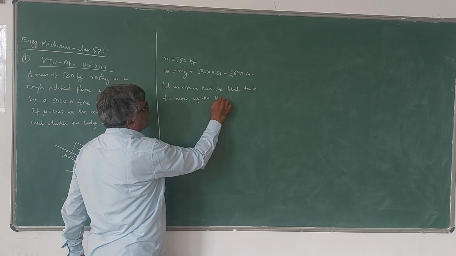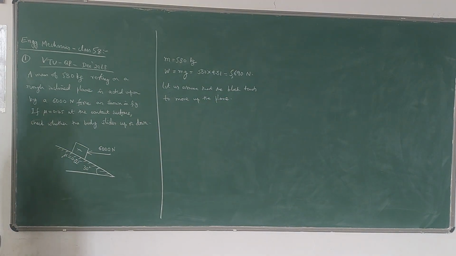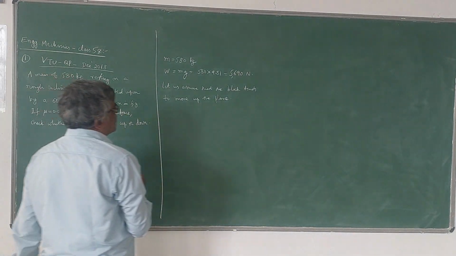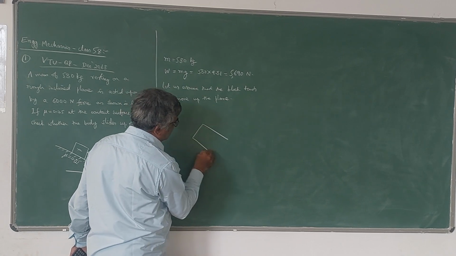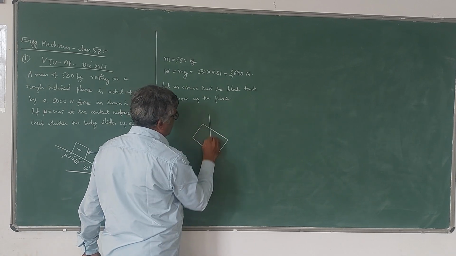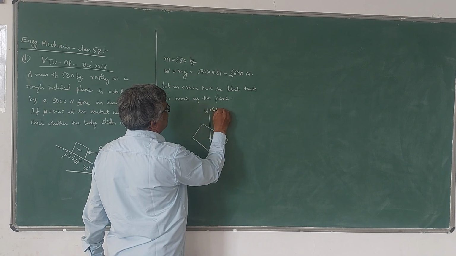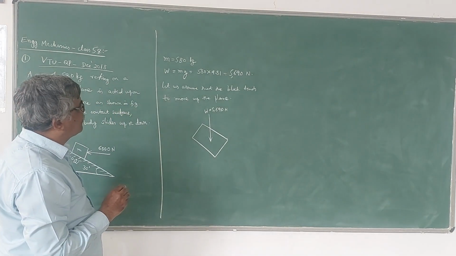Let us assume that we don't know whether it is moving up the plane or down the plane. If we assume like this, then in the free body diagram of the block, this is the block whose weight W is 5690 Newton.